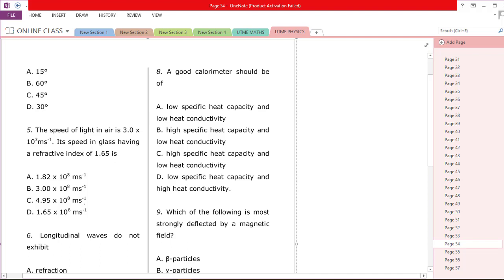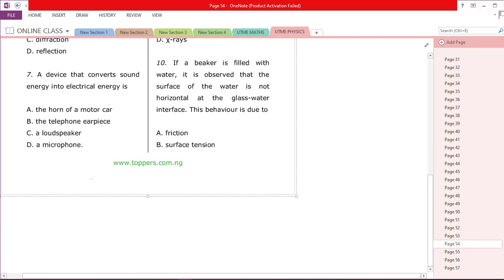That's what they are saying here. So there's a problem with the question here. This place should be 8. The speed of light is 3.0 times 10 to the power 8. Is that okay? So let's solve it so that you can be happy.